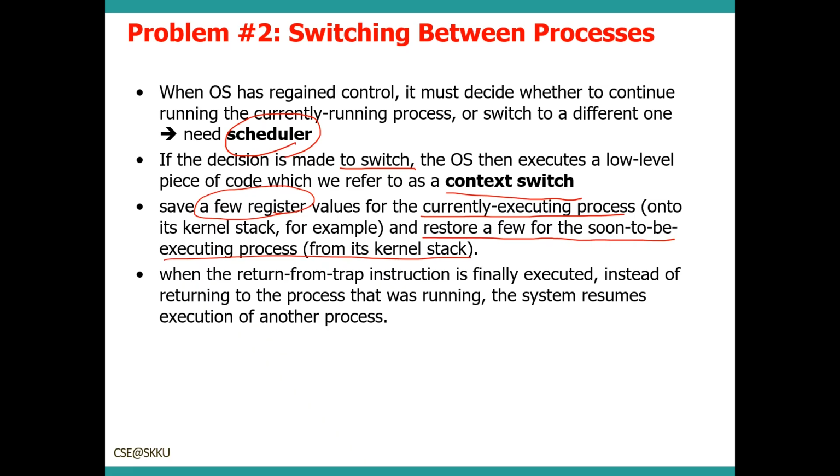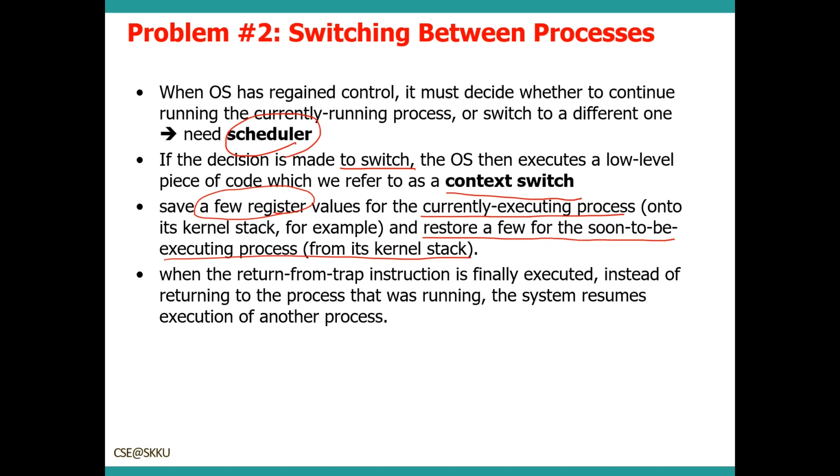To save the context of the currently running process, the OS will execute some low-level assembly code to save all the general purpose registers, program counter, and the kernel stack pointer of the currently running process, and then restore, say, the registers and program counter and switch to the kernel stack for the soon-to-be executing process.